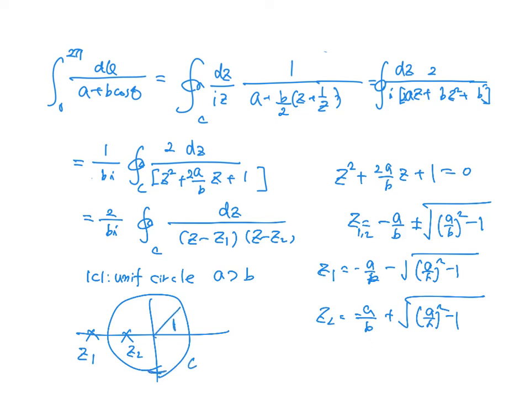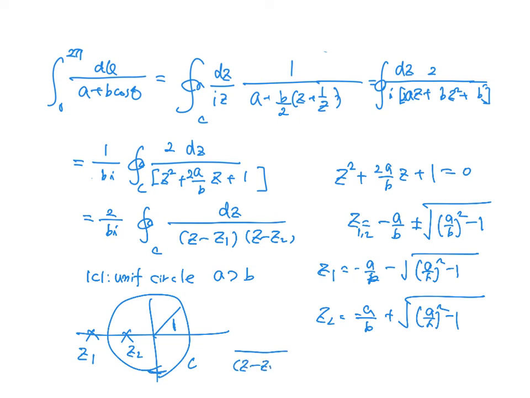So if we solve this equation, then we have Z1, Z2 from our junior high school days. So we know that I assume that A is greater than B. So one of the solutions lies outside of the circle. So only we have one inside. And we need to calculate this.